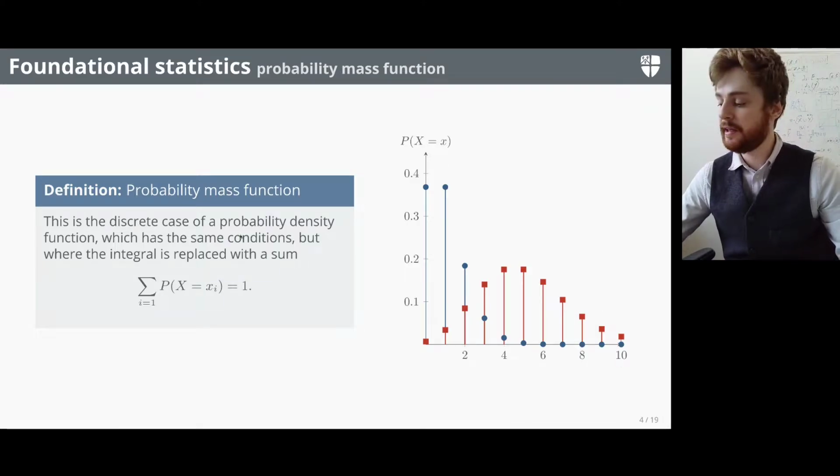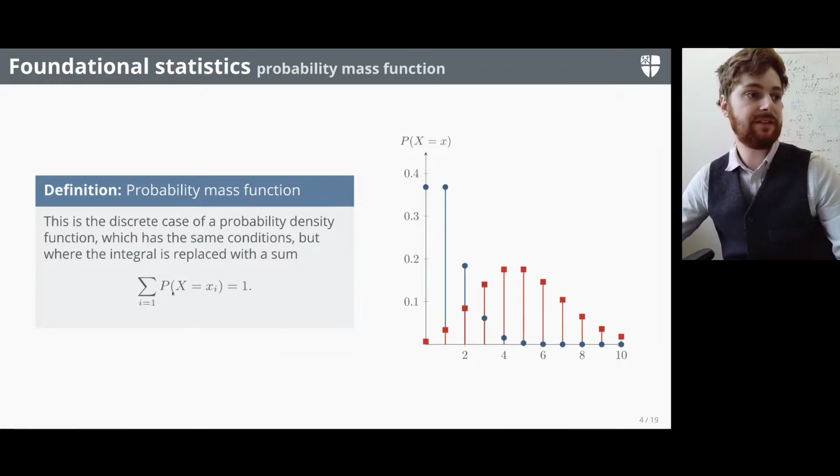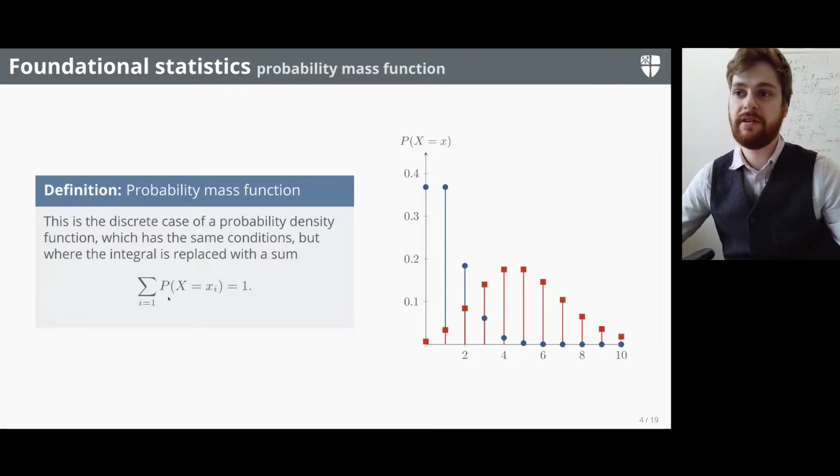In the previous case, we would normally use a little p to denote a continuous variable, or a variable whose type has not been specified. But in the discrete case, we would normally use a capital P to denote a probability mass function.